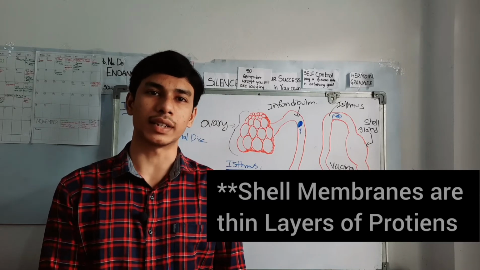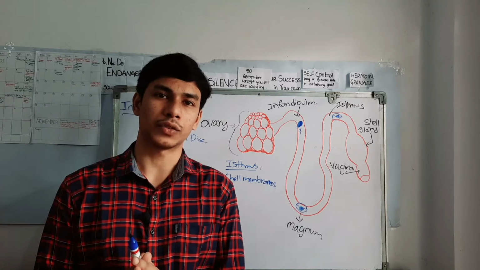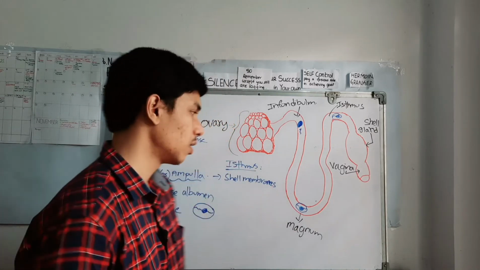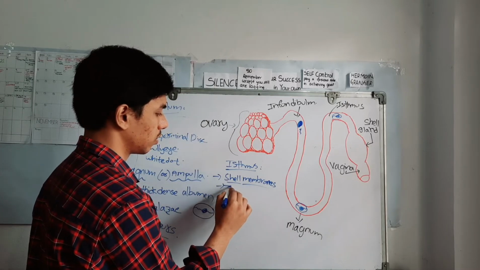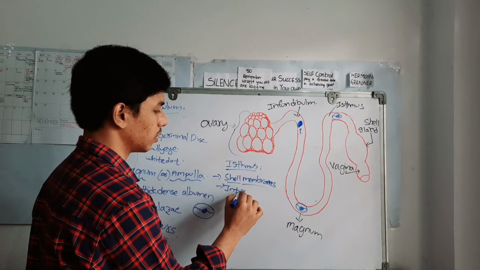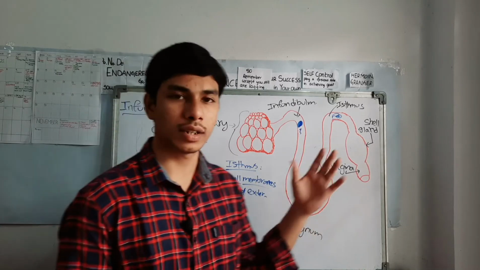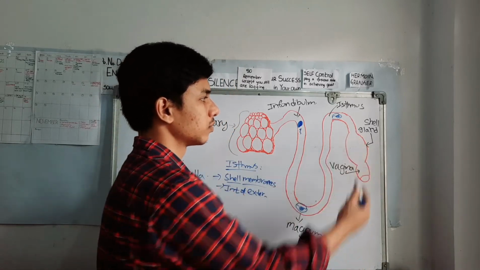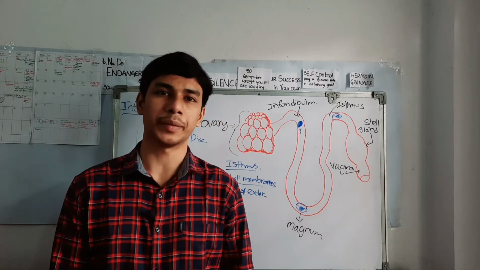Shell membranes are thick layers of proteins. Shell membranes are of 2 layers, the interior membrane and the exterior membrane. Shell membranes are deposited in the isthmus and then the yolk reaches the shell gland. In the isthmus, the yolk spends about 1 hour 15 minutes.